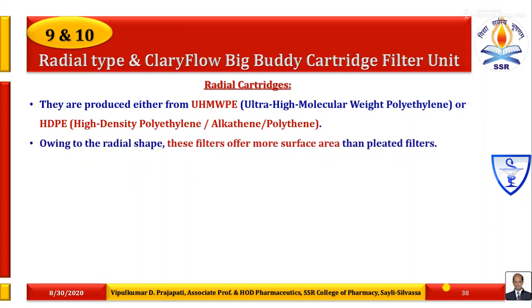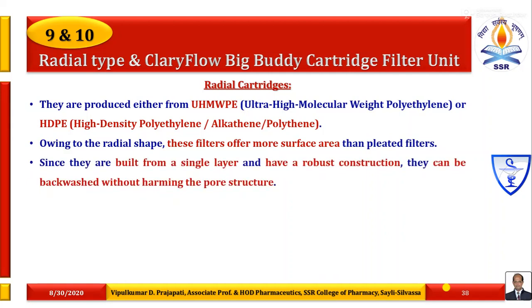Owing to the radial shape, these filters offer more surface area than pleated filters. Since they are built from a single layer and have a robust construction, they can be backwashed without harming the pore structure. So this radial cartridge can be reused.